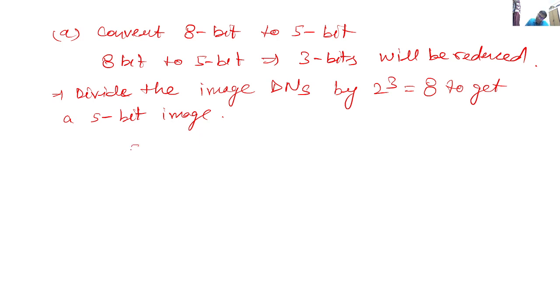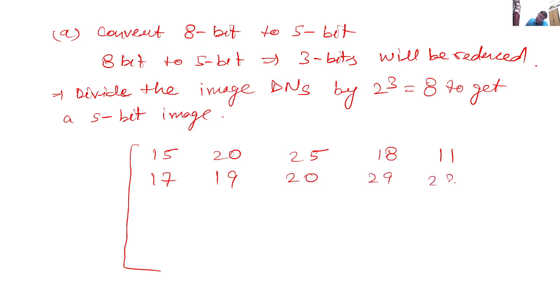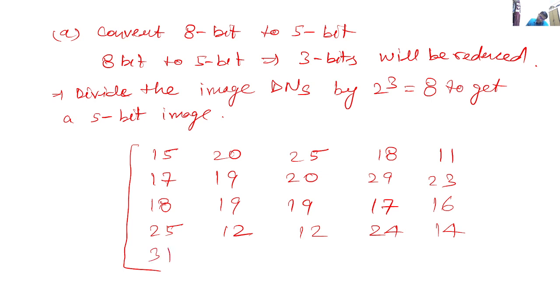So the final answer would be, I'm straight away writing the final answer: 15, 20, 25, 18, 11, 17, 19, 20, 29, 23, 18, 19, 19, 17, 16, 25, 12, 12, 24, 14, 31, 6, 9, 10, 12.